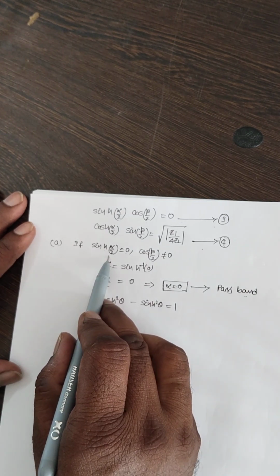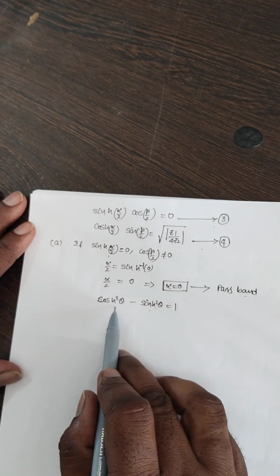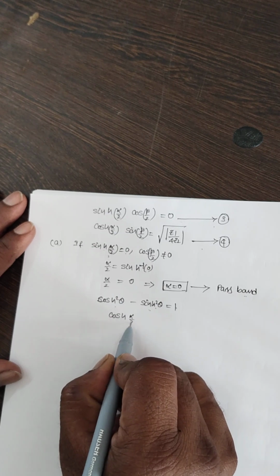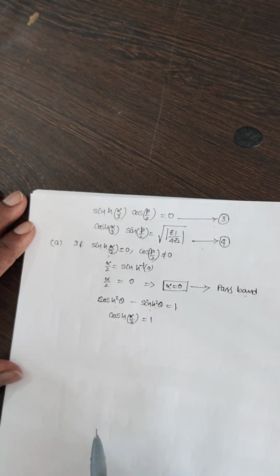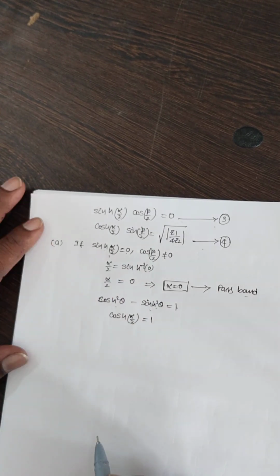Just now we know that sinh θ is equal to 0, so cosh θ is equal to 1. That is, cosh(α/2) is equal to 1 here, because sinh(α/2) is equal to 0.